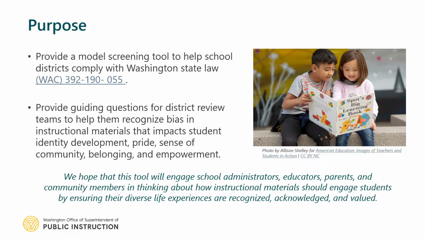So here we are. This document is the result of cross-agency collaboration. We certainly included our Learning and Teaching Department, our Equity and Civil Rights Office, the Office of Native Education, our Migrant and Bilingual Office, and our Center for Improvement of Student Learning, as well as input from our ESD partners and school districts and other collaborating organizations.